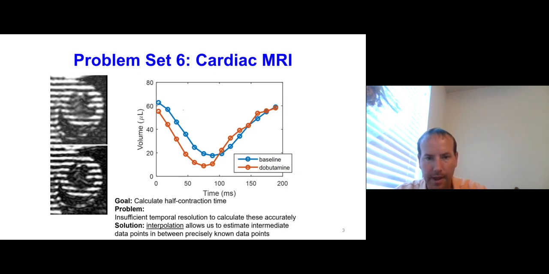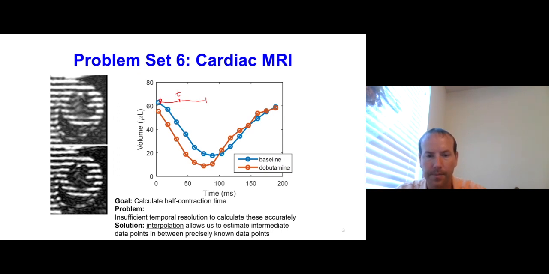Ideally, we'd like to calculate the half contraction time, or the time that it takes to go halfway to its full contraction. However, we only have a few data points on this, and so calculating the half contraction time based on these data values would not be very accurate.